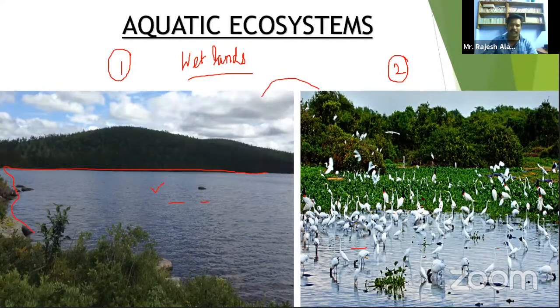Some aquatic weeds are growing. These unwanted plants are commonly called weeds. Any unwanted plant can be called a weed. I can't tell any plant is unwanted, but for agriculture's sake, I have to tell some plants as unwanted. So in this aquatic ecosystem, water hyacinth is a weed. It is not needed here.